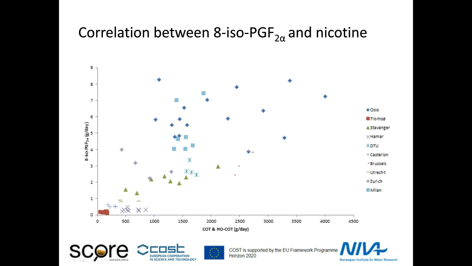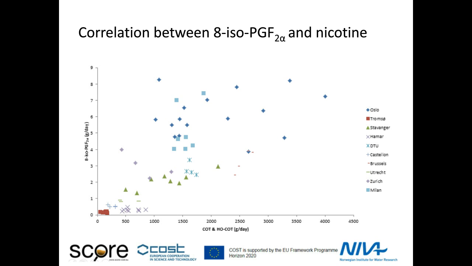We think this is excellent in terms of going forward with this technique, that we can measure, for example, an isoprostane and try to understand what is causing that. Obviously, hydroxycotinine and nicotine aren't the only source of toxins in the human body, so that's part of the reason why there's a lot of scatter there. But we just wanted to show that this does have some potential for future.